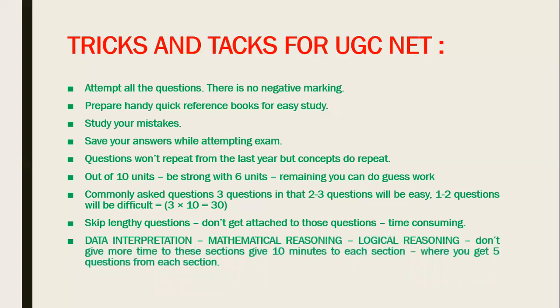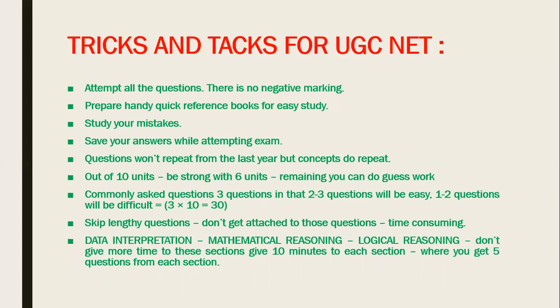We have certain chapters: data interpretation, mathematical reasoning, and logical reasoning. On these 3 chapters, you don't need to give more time, because you can keep every section to 10 minutes each: 10 minutes for data interpretation, 10 minutes for mathematical reasoning, 10 minutes for logical reasoning.